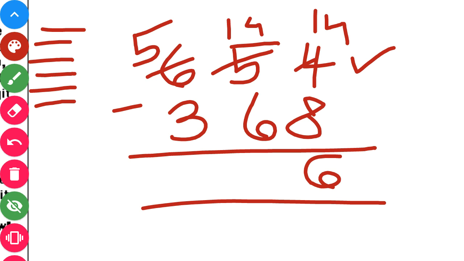Now, count after 6, 7, 8, 9, 10, 11, 12, 13, 14. How much have we got? 8. And here 5 minus 3 we will get 2. 286.